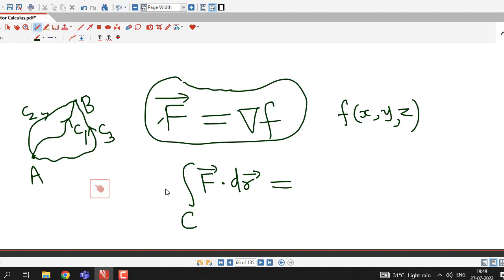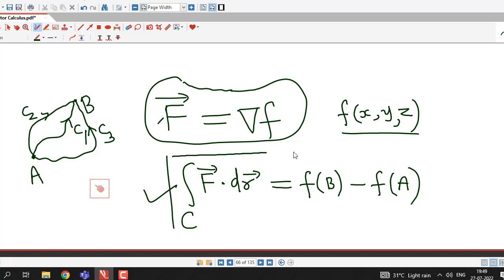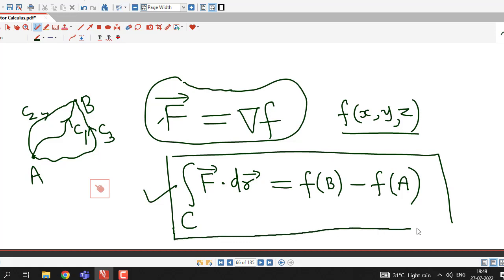The value of this line integral along any path C joining the two points A and B is given by the value of this potential function at the terminal point minus the value of this potential function at the initial point, and this result is known as the fundamental theorem for line integrals. We have discussed all these things in lecture number 15.